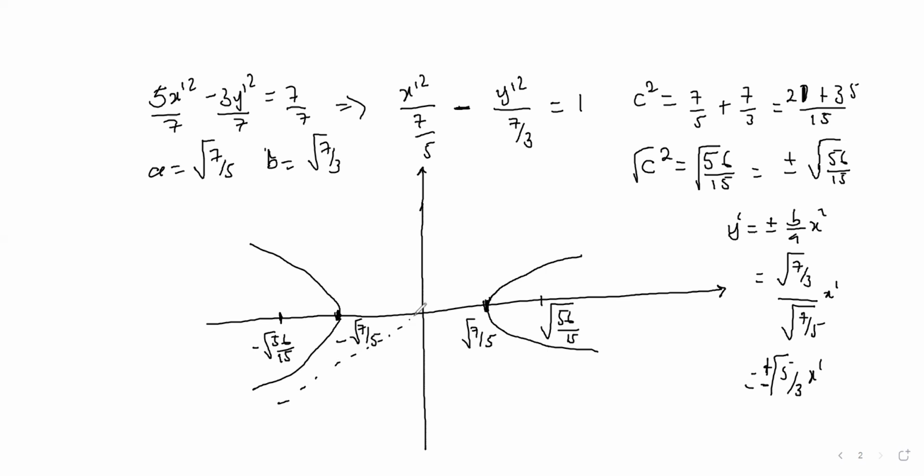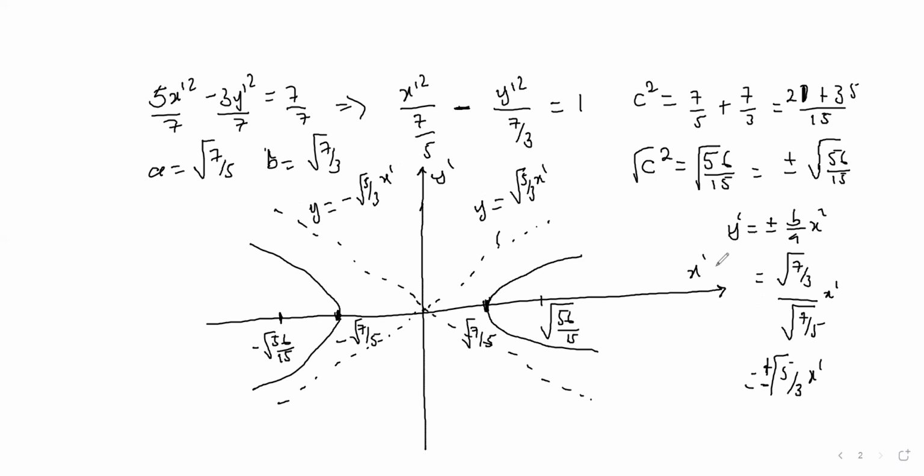So we have this line, and another line coming from this side. So this is y is equal to minus 5 over 3 x prime. And this is y is equal to plus 5 over 3 x prime. And so, to avoid any debate, this axis is y prime, this axis is x prime.